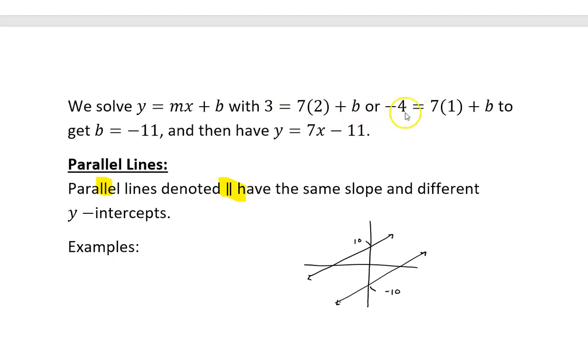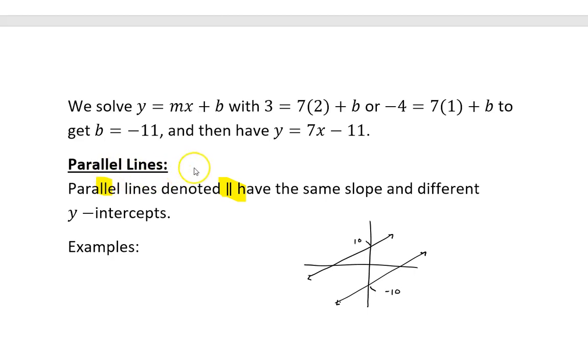I could also use negative 4 equals 7 times 1 plus b. When we solve for b, we get negative 11. So our equation of the line is going to be y equals 7x minus 11. Now, that gives us a bird's eye view.